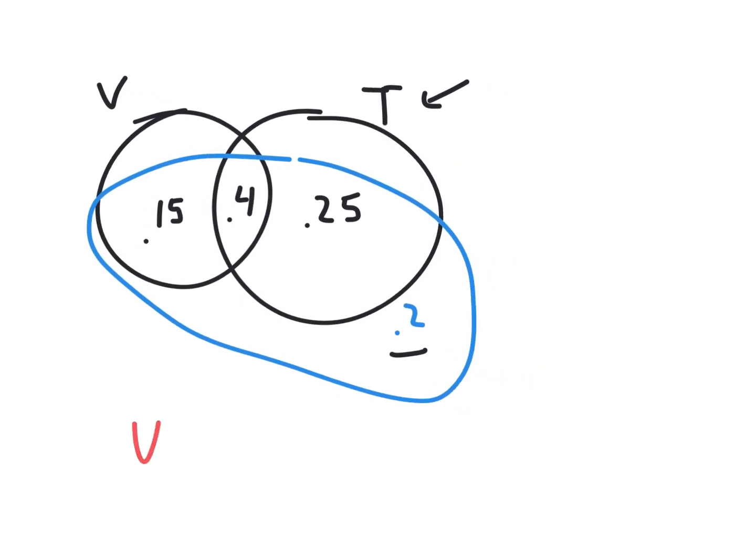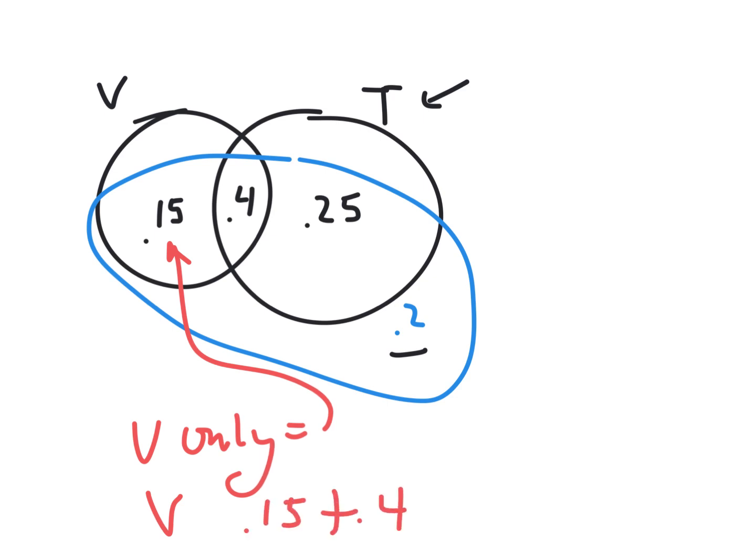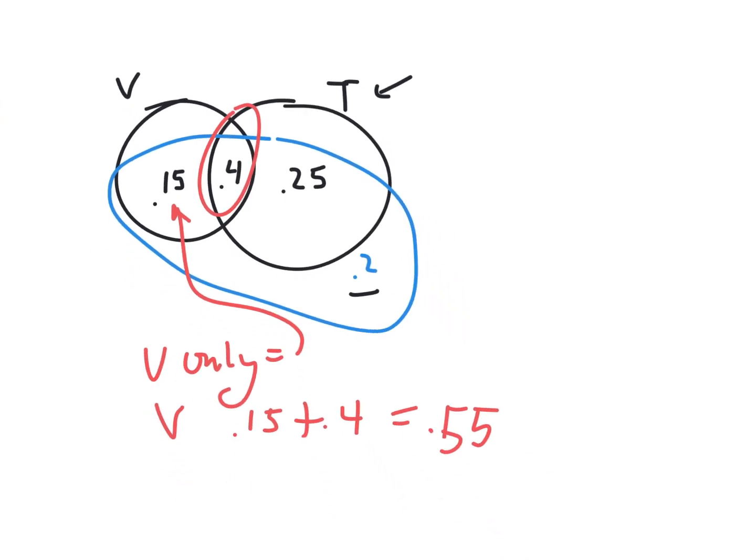If I said Vikings only, that would be this one. If I just said Vikings, that would be both of these, because the kids in the middle, they liked Vikings, so you have to put them with the other one. And that would be 0.55. If they ask you for "and" or "or", those are the two confusing ones.